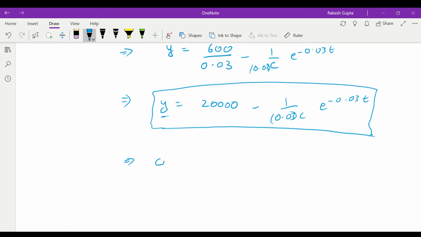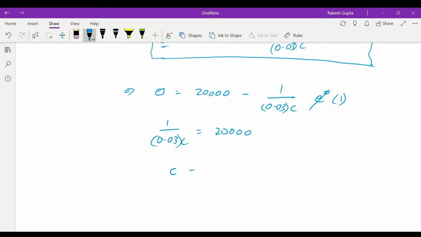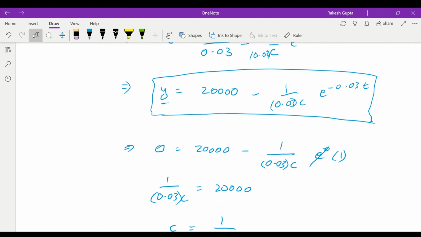Then 0 is equal to 20,000 times, and e power 0 is basically going to be 1. This was just rearranging. We get C as 1 by 600. Now we substitute the value of C in this equation.